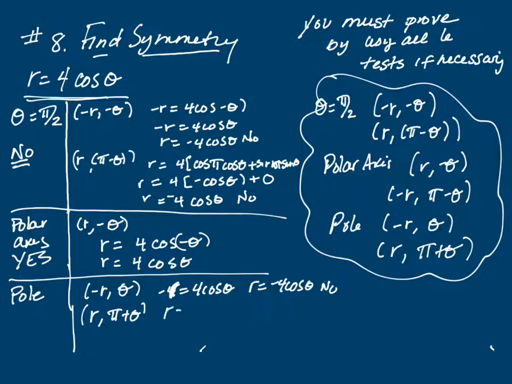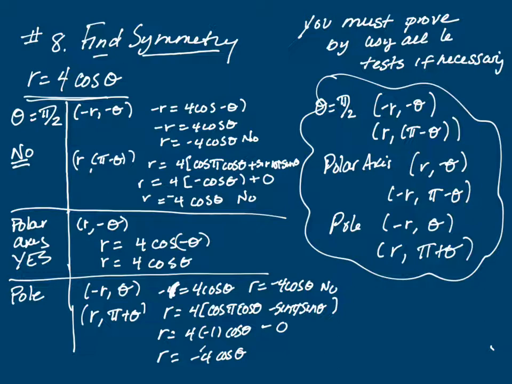So it would be r equals 4 times the cosine of pi cosine of theta minus the sine of pi sine of theta. So that's r equals 4, negative 1 cosine theta minus 0. So I get r equals negative 4 cosine theta. So that is a no. So both of those were no, so pole is no. So it's symmetric to the polar axis.